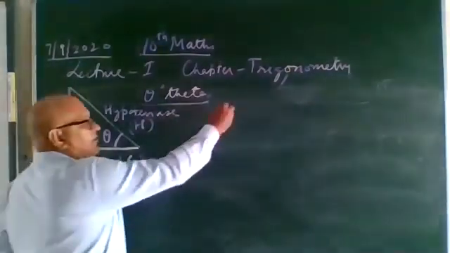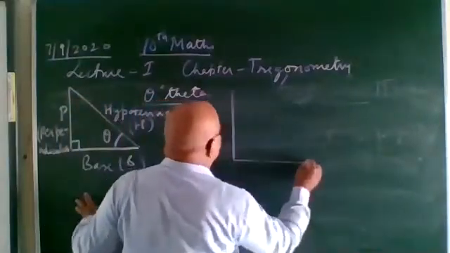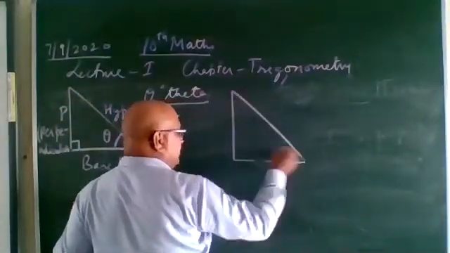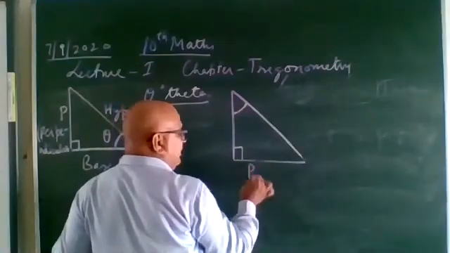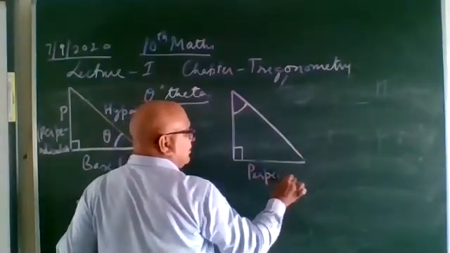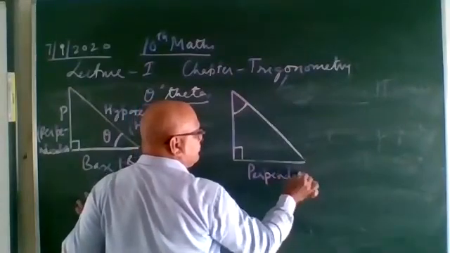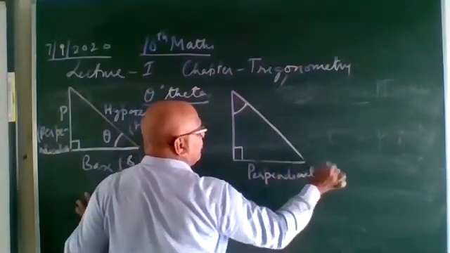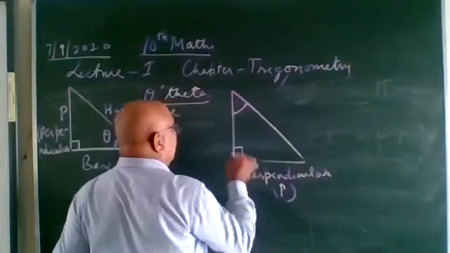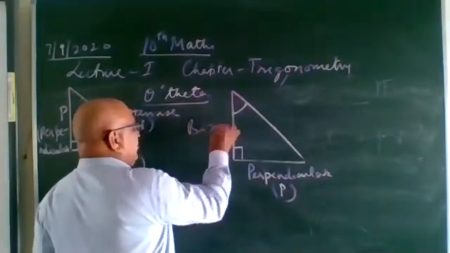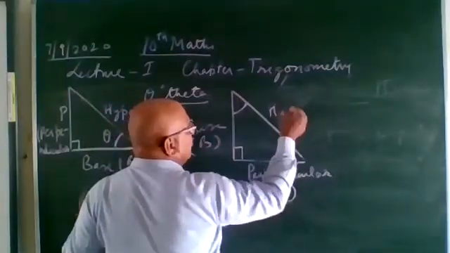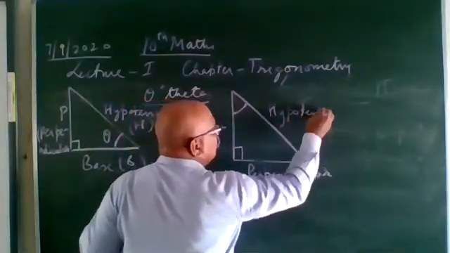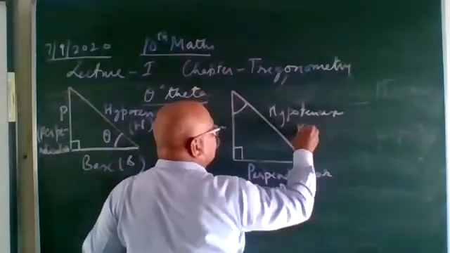Now, if you consider the other angle, again perpendicular is P, base B, hypotenuse H.